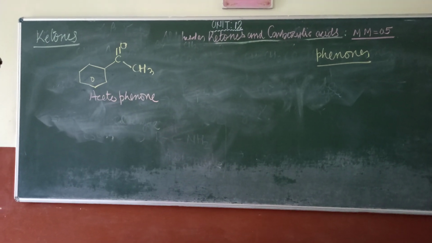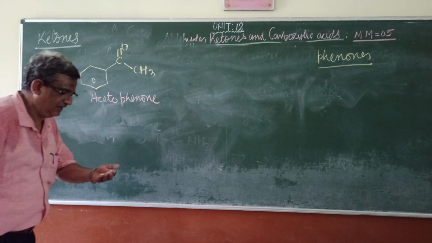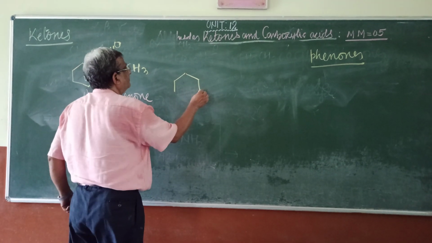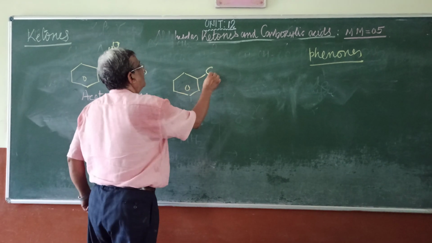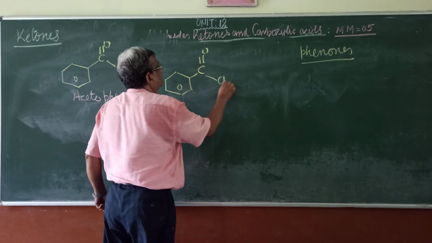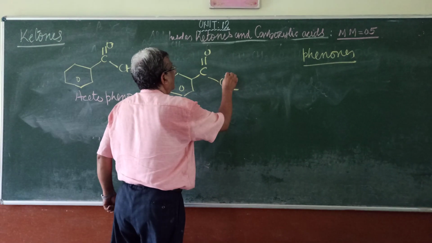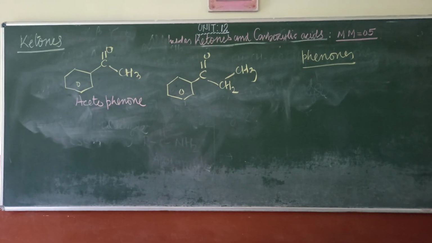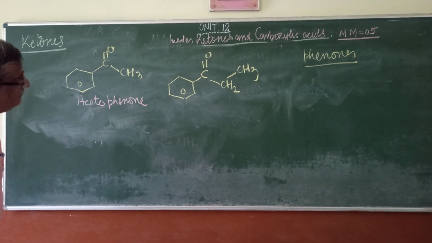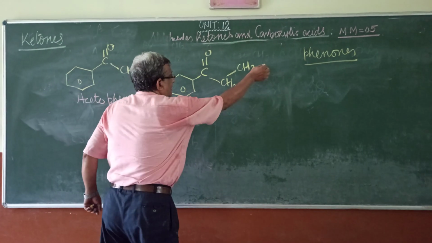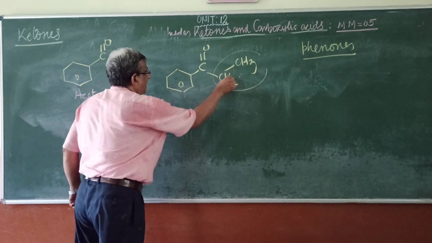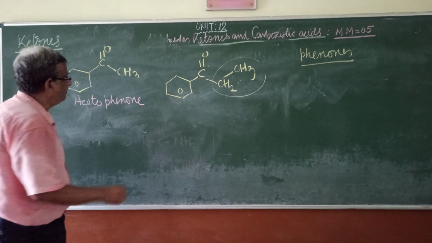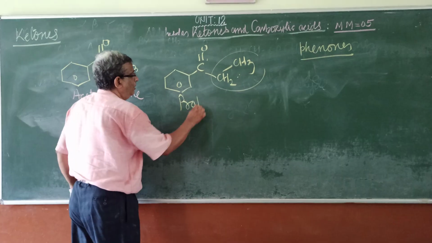I have one more example. The second example, here I take this benzene ring and carbonyl group, and this is CH2 and this is CH3. How do I name it? This is an ethyl group, so I call it ethyl phenyl ketone, commonly known as propiophenone.